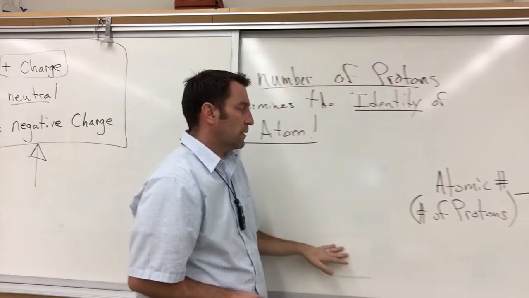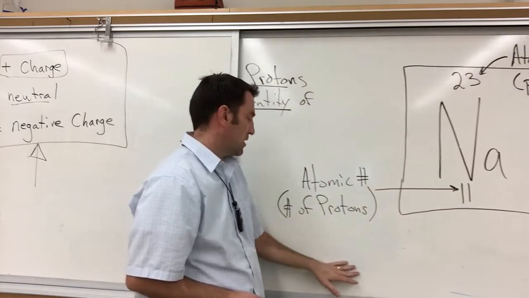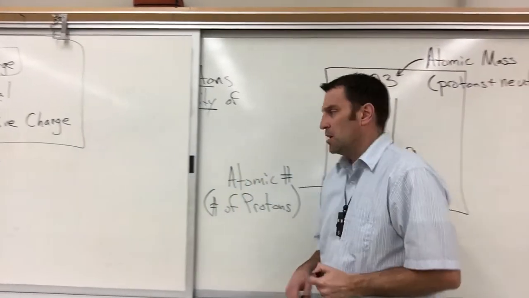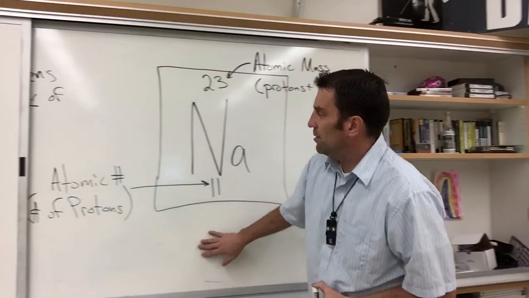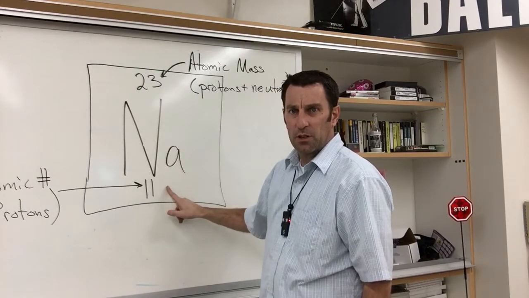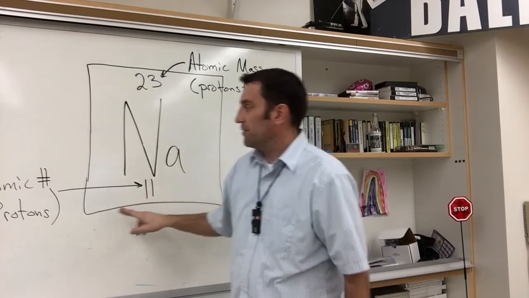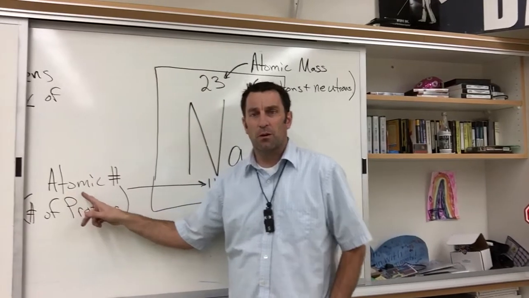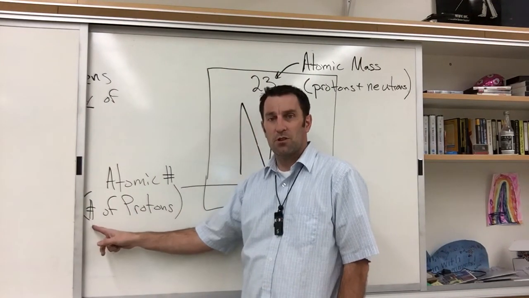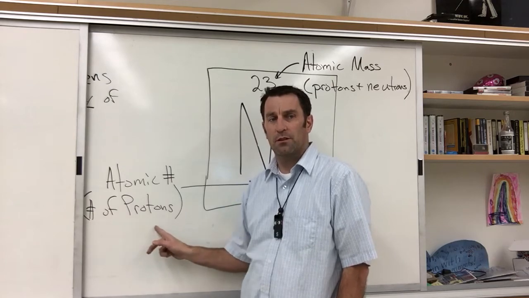So if you look over here at this chemical symbol for Na, you'll see that we have Na and then 2 numbers, 23 and 11. The 11 is what we call the atomic number. This is annoying. It's the atomic number which is equal to the number of protons.